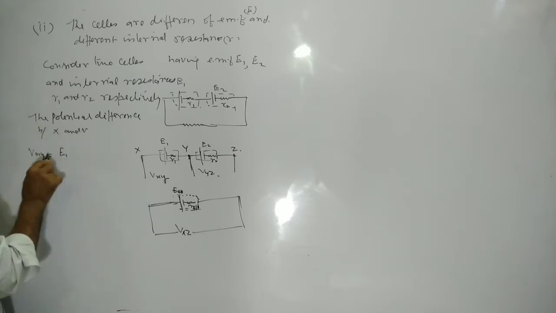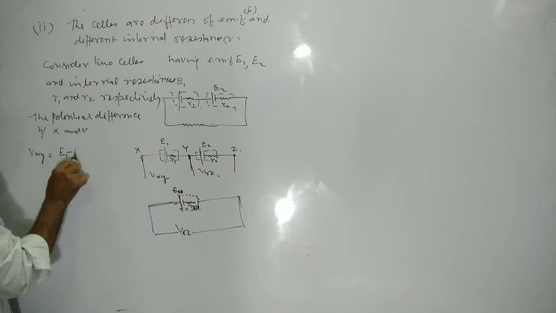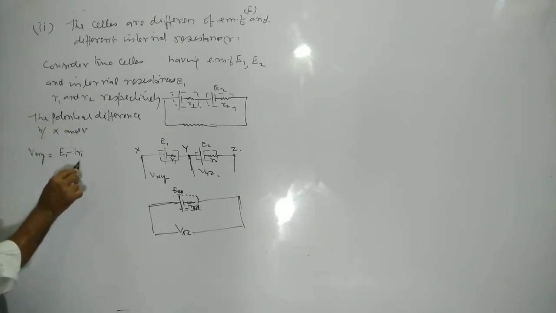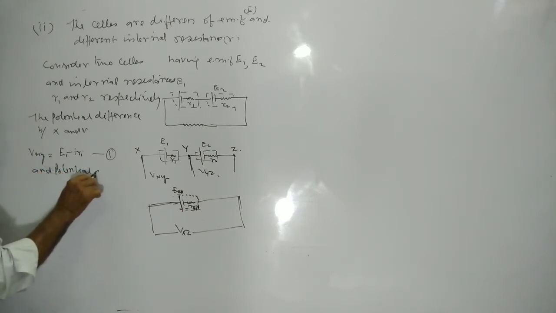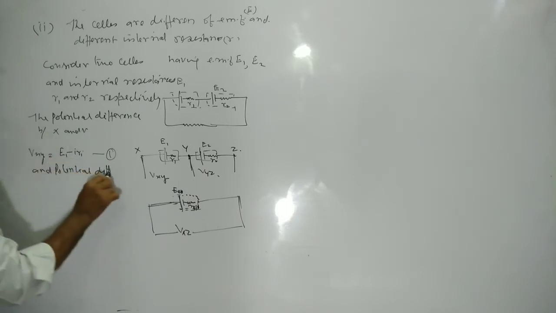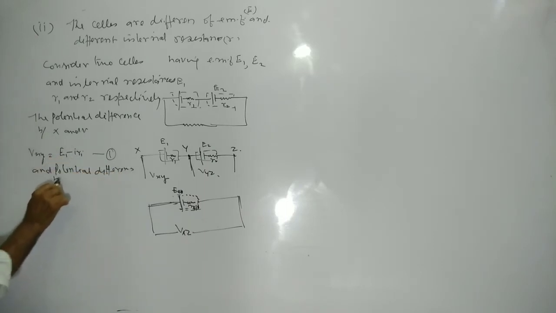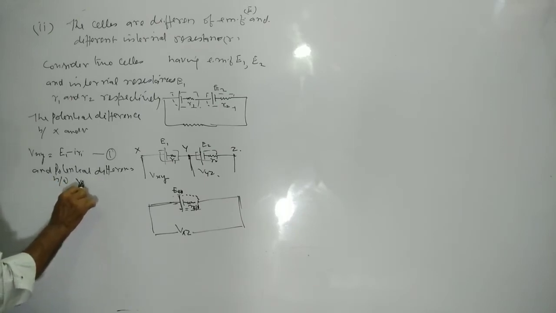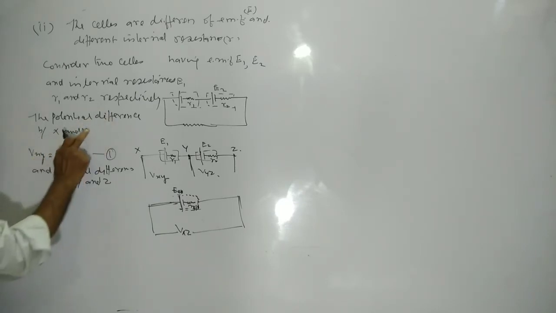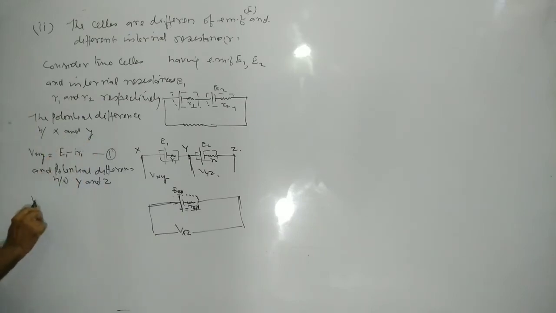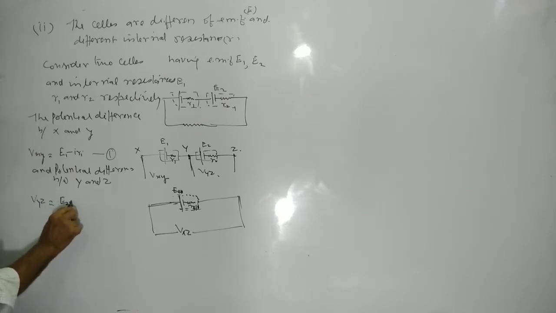E1 minus I r1, and potential difference between Y and Z, then VYZ equals E2 minus I r2.